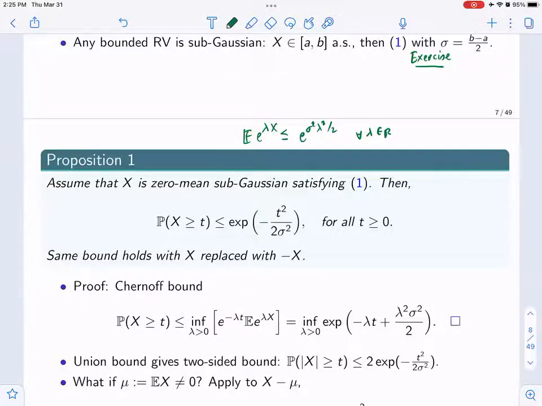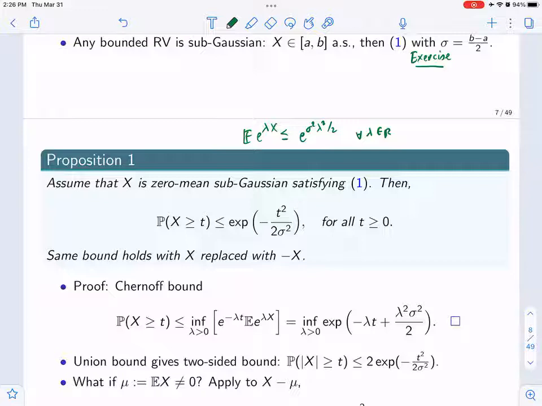Then I'd have this tail bound. You would get a tail bound which involves sigma squared, which is the subgaussian parameter. This is not necessarily the variance, okay? Just be careful. And if I have this, I can replace x with negative x.